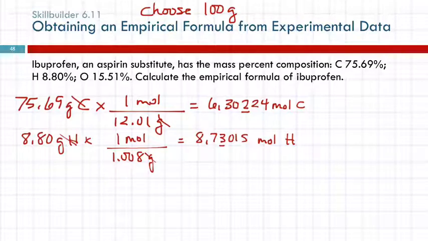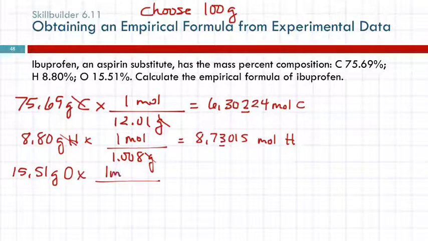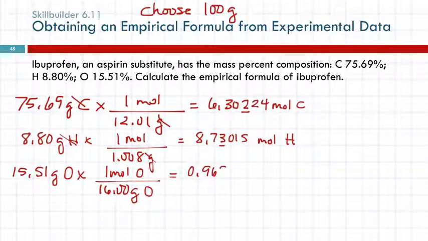For oxygen, we got 15.51 grams. 1 mole of oxygen to 16.00 grams of oxygen gives 0.969375 moles of oxygen.